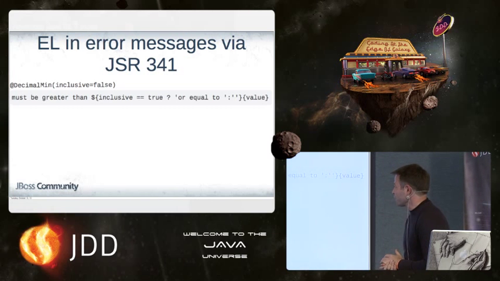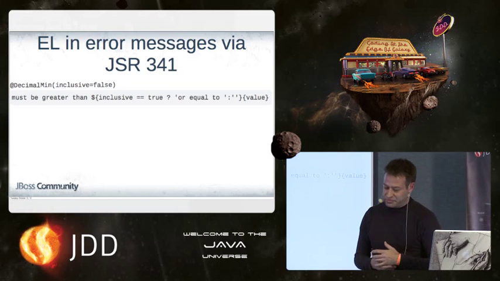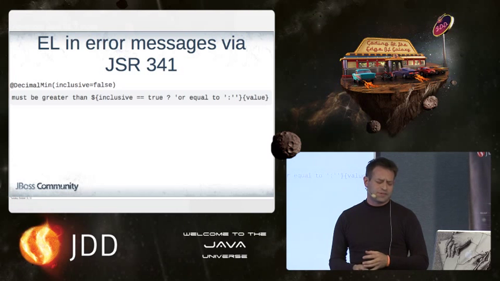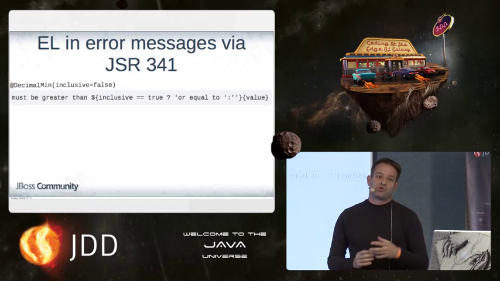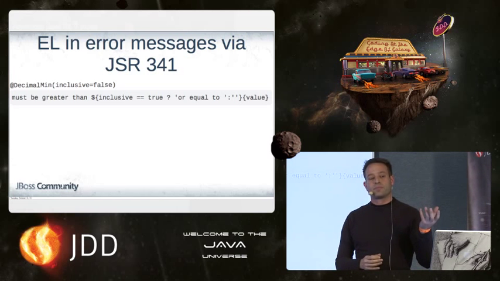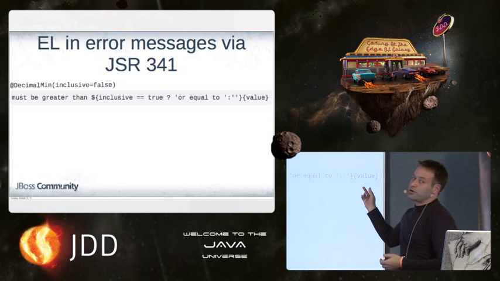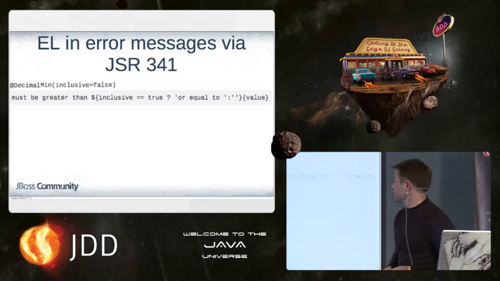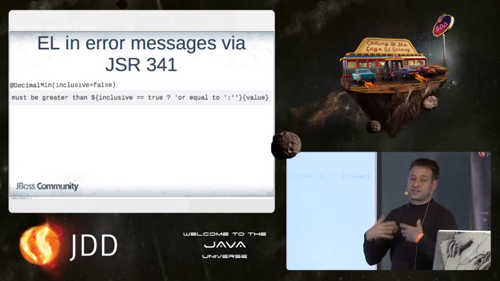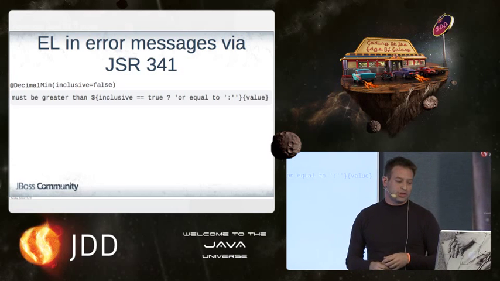So there was a long discussion: do we have our own syntax for this kind of thing, or what are we going to do? And then we decided that we're using expression language, which is known from JSF, and using it also for interpolation of these error messages. So in this case, you can see the dollar sign that starts an expression language expression.